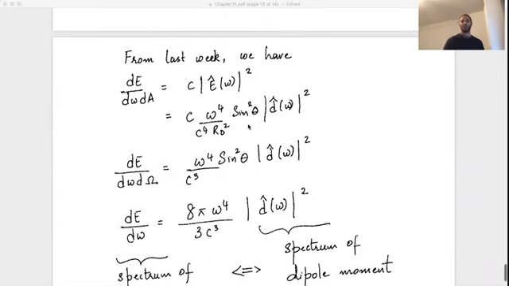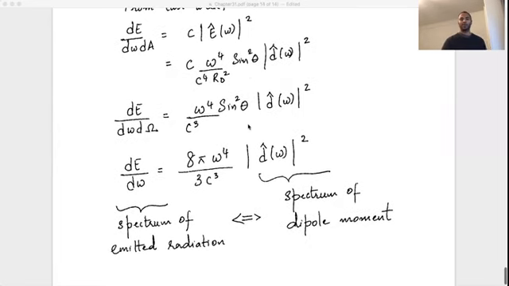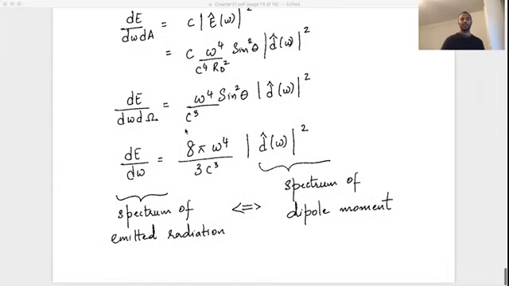You can just substitute that here, square it, and there you have it. You have d by d omega dA. We play the same trick again. You can write dA as d omega, the solid angle, times r naught squared. So r naught squared basically goes away from both sides, and you get the final expression.